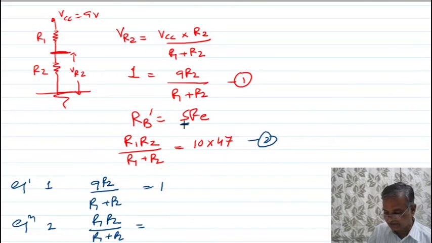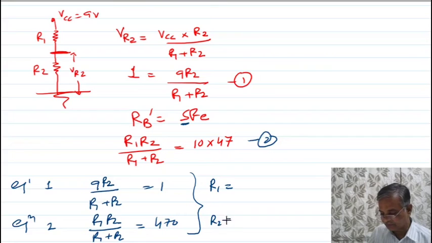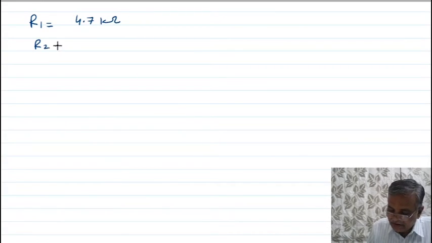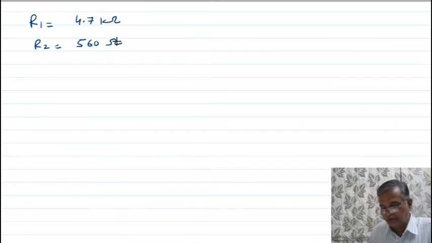S is the stability factor, 470. From this you can solve the value of R1 and R2. From this you can get the value of R1 as 4.7 kilo ohm and R2 as 560 ohm. You can calculate yourself. Now look here.